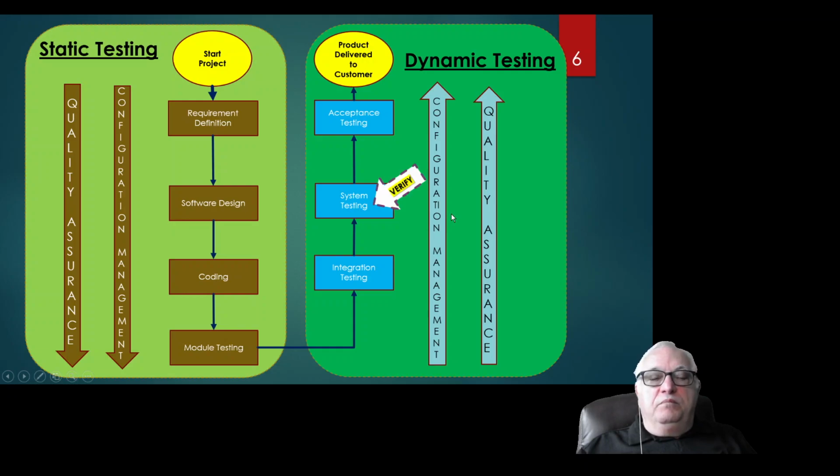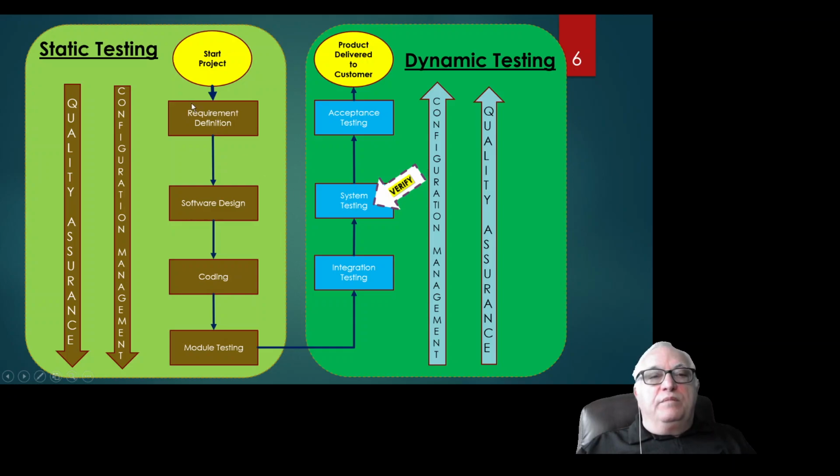Now, before I leave this chart, I want to talk about two last items. One is verification. Verification has to do with system testing. What are we doing when we verify? We're making sure that the product was built to the requirements, that it meets the requirements.